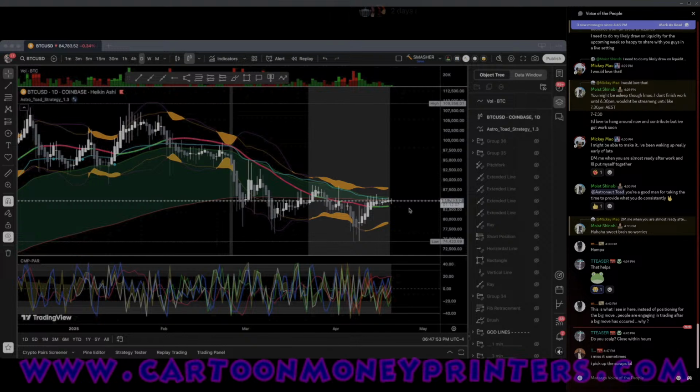Yes, we should be getting positioned for the big move. If we see very large price levels and we think a massive move is incoming, we want to be on that train. We want to be a part of that big move. But I'm not going to suddenly risk 50 or 75% of my entire account just because I think that is the big move, and it's been boring for a week, so therefore I'm going to risk a ton.